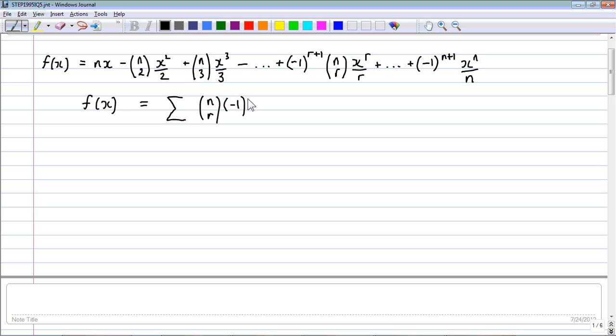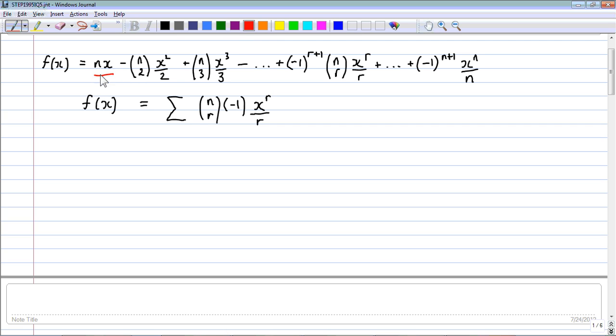Now we'll come on to the power in a minute, and then also we have a term in x with a power of x, and divided by r. Now what's the power of x? Let's call it r as well, because we see here, for example, n choose 2 corresponds to x squared, so the r in the n choose r is the same as the power here. But this minus 1 is always a bit tricky. If we consider the case r equals 1, that is this term here.